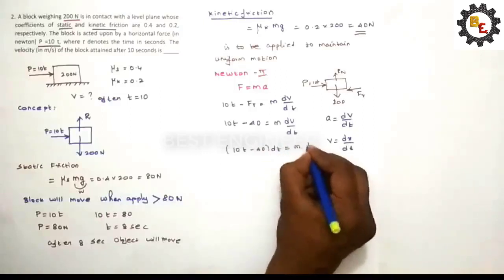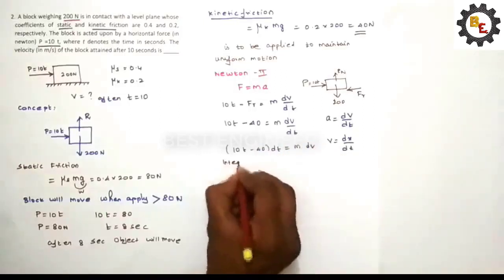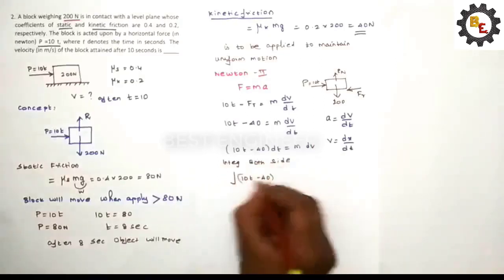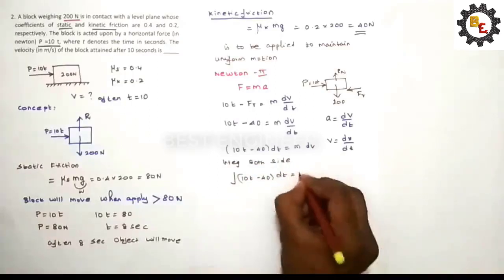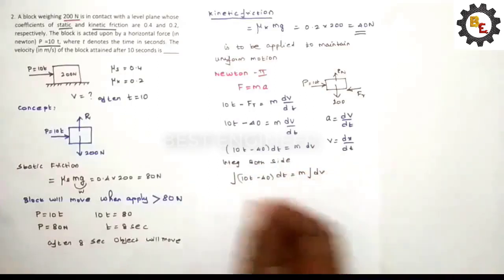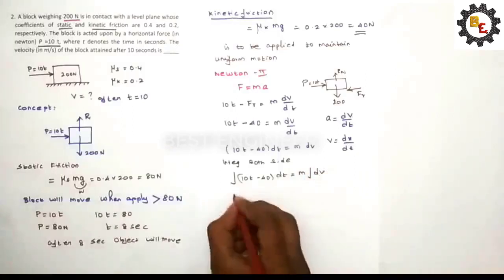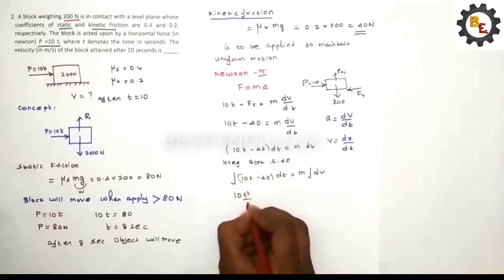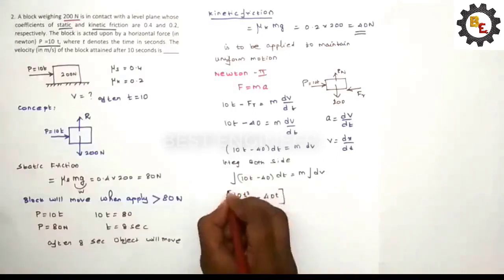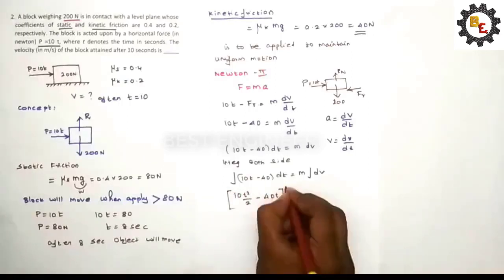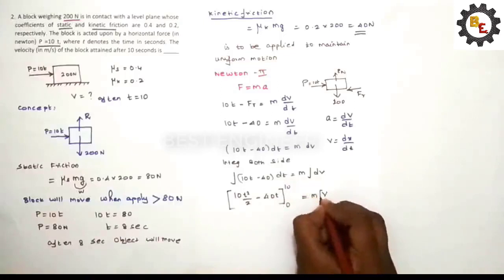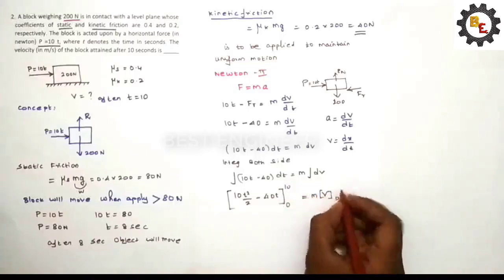Integrate both sides. The integral of 10t minus 40 into dt equals m times the integral of dv. Now integrating, 10t square by 2 minus 40t, with time varying from 0 to 10 seconds, equals m into v, where v varies from 0 to v.